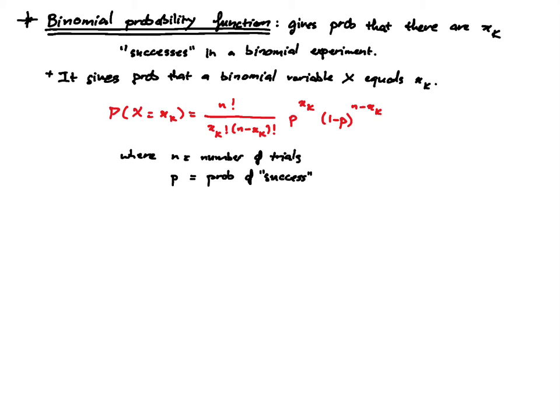Using this formula, as long as we know the number of trials and the probability of success, we can construct the probability distribution of a binomial random variable x.